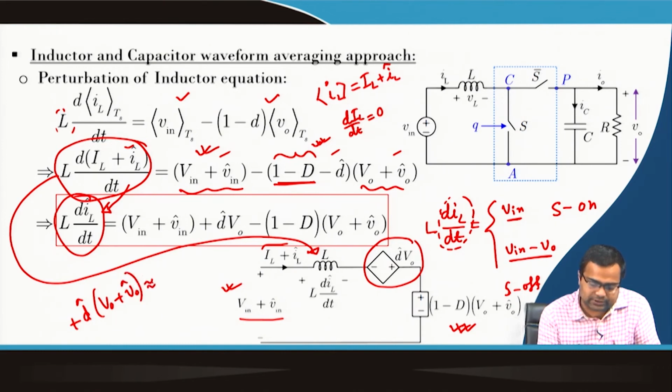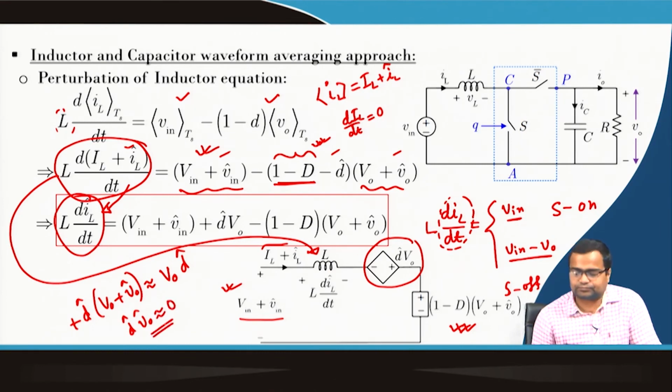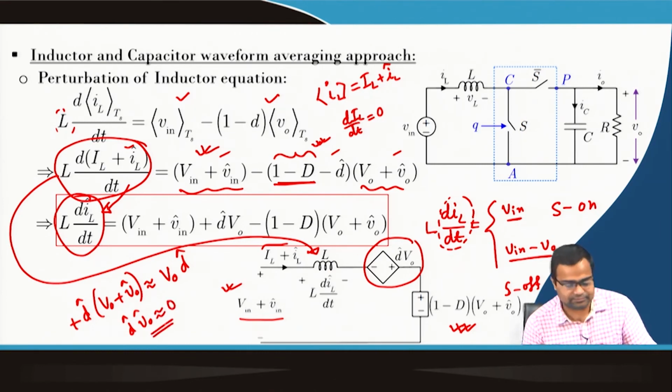That is approximated to be V0 into d hat, because we take d hat times V0 hat as 0. So, we obtain this circuit.